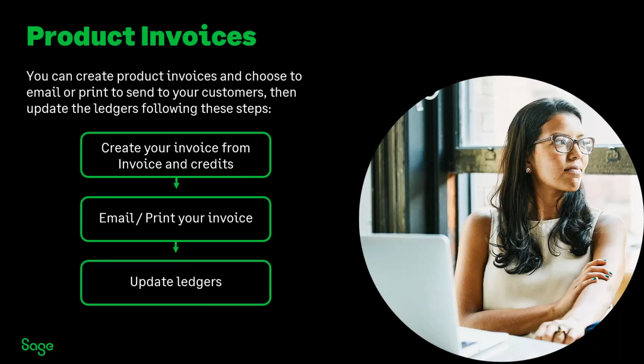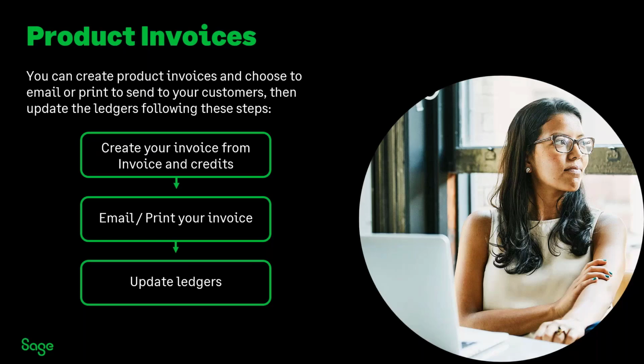You can then post the invoice to the ledgers by clicking Update Ledgers, and the value will appear on your customer and nominal accounts, and it'll adjust your stock levels for you as well. In what order you update the ledgers and print or email the invoice doesn't really matter. If you've updated the ledgers first, you can still print or email the invoice to your customer.